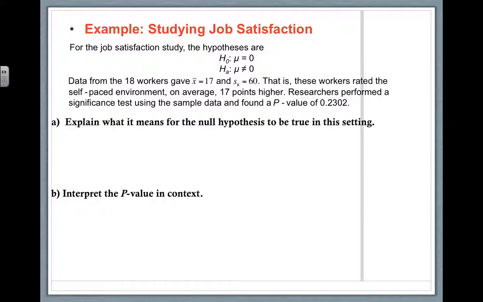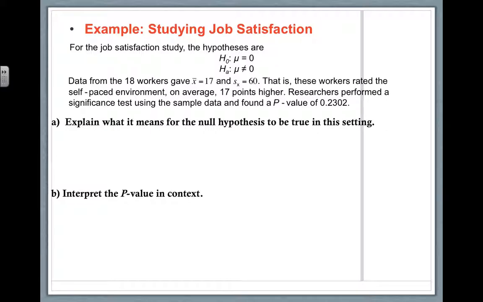Data from the 18 workers gave a sample mean of 17 and a standard deviation of 60. That is, these workers rated the self-paced environment on average 17 points higher. Researchers performed a significance test using the sample data and found a p-value of 0.2302.